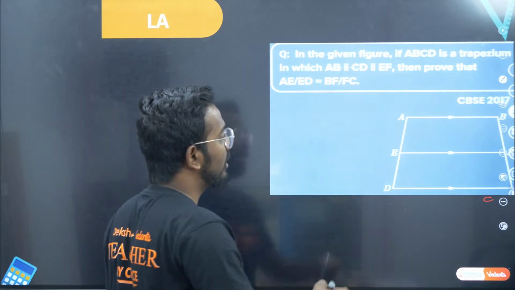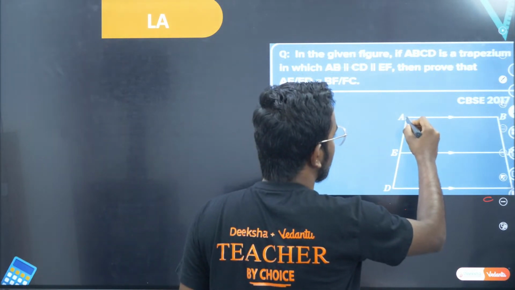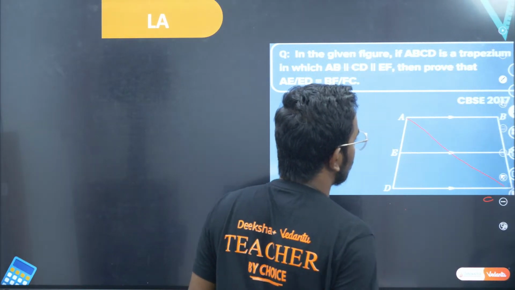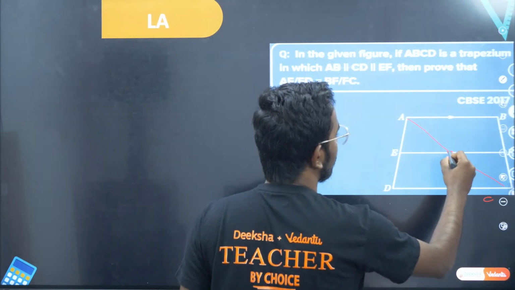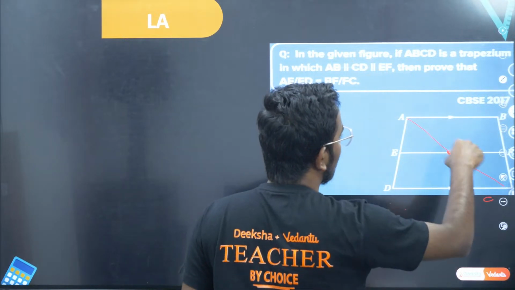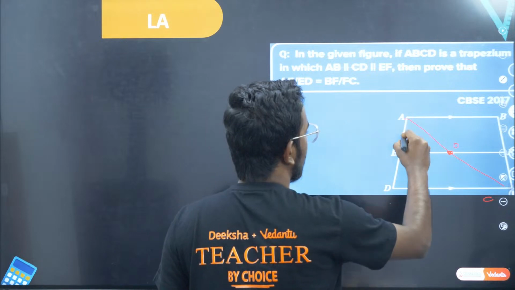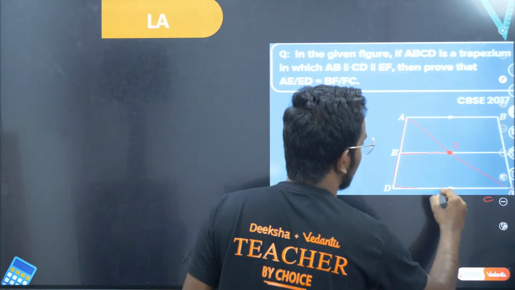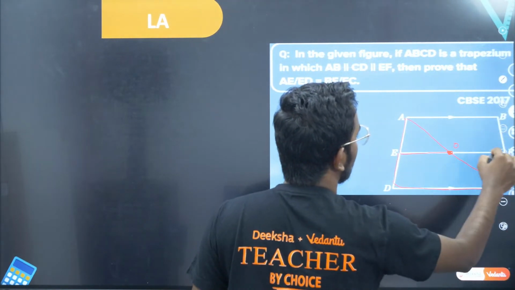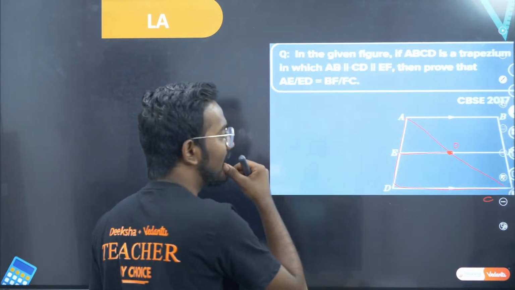Okay, so here you need to make a small construction. I'll take a line over here, and let the point of intersection be some O. Now you have this one triangle, this is the second triangle, this is the third triangle, and this is the fourth triangle. So you have 4 triangles as of now.